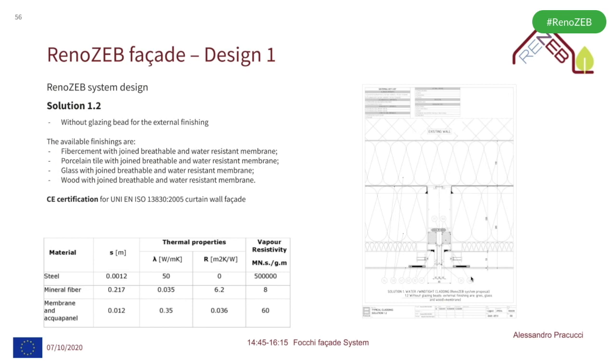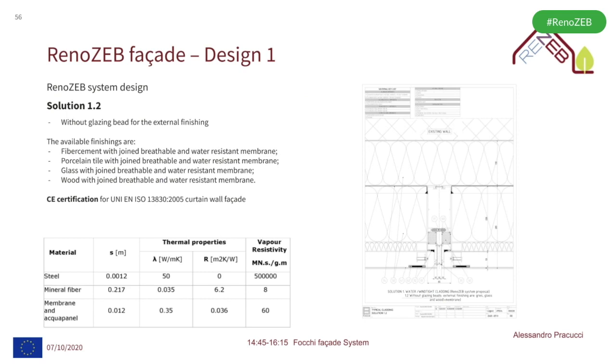This solution has been evolved, removing the mechanical restraint but adopting an angular fixing for the external finishing. In this way, we have completely released the frame all around the unit, having something more similar to a ventilated facade.